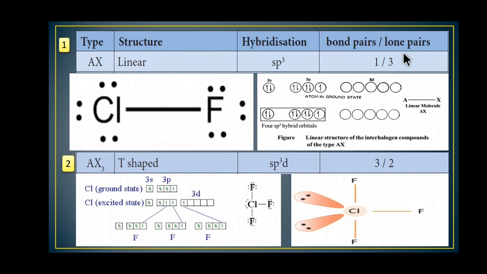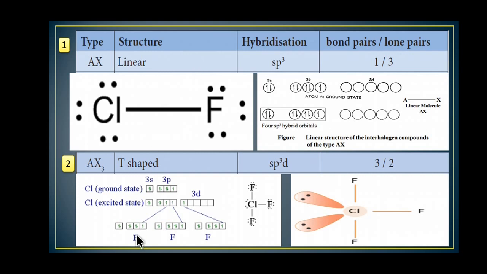The excess non-bonding electrons are considered lone pair electrons. They are not responsible for bonding, that's why these electrons are considered lone pair electrons. And for hybridization, in the ground state atom, when the paired electron in the 3p level is excited and jumped to the 3d orbital, we get sp3 hybridization. That's why in the linear AB type it is sp3 hybridization.